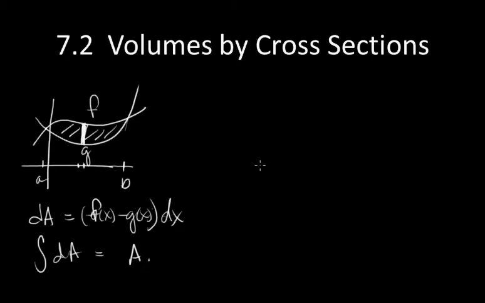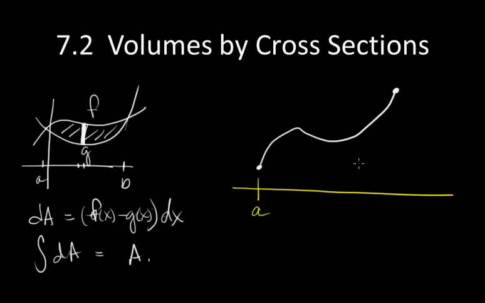The other thing that we did was we looked at a curve and we said, what is the length of that curve? We introduce an axis and say it's from A to B, and let's say this is a function f.